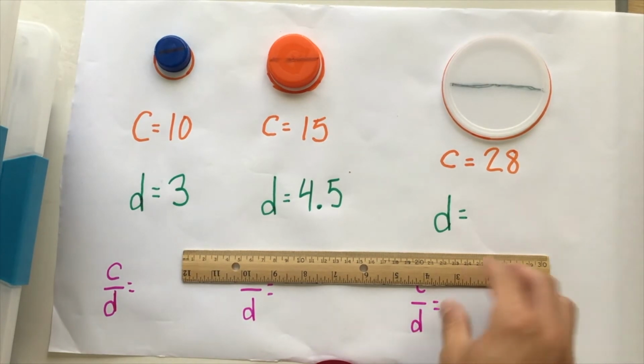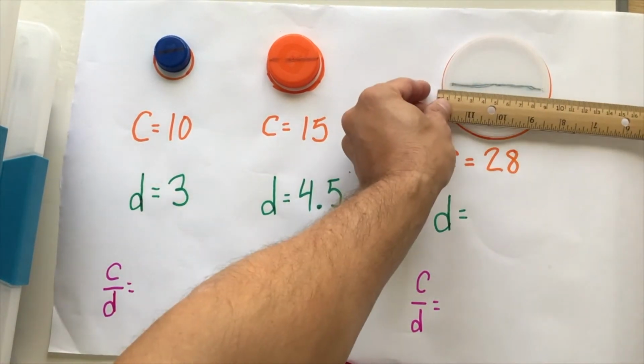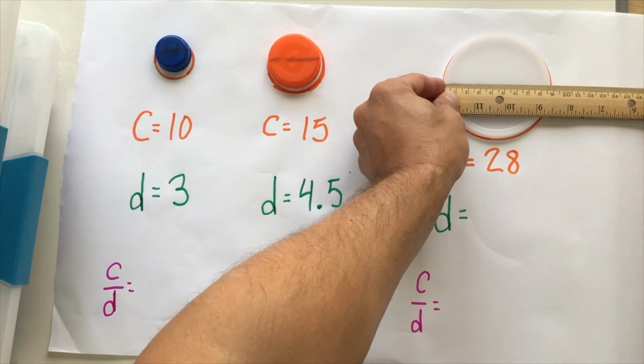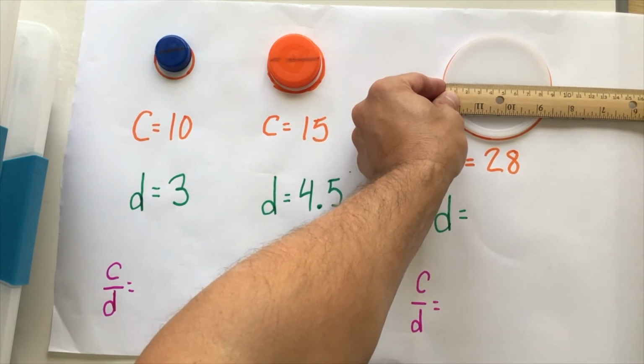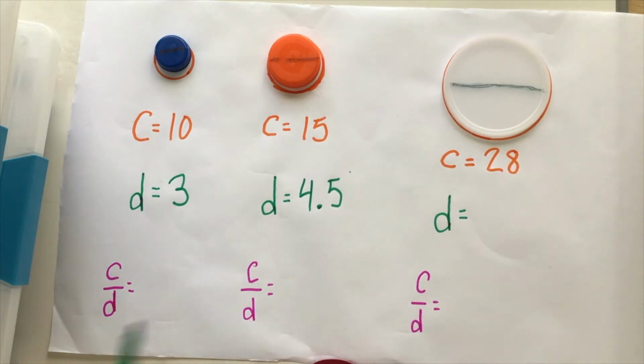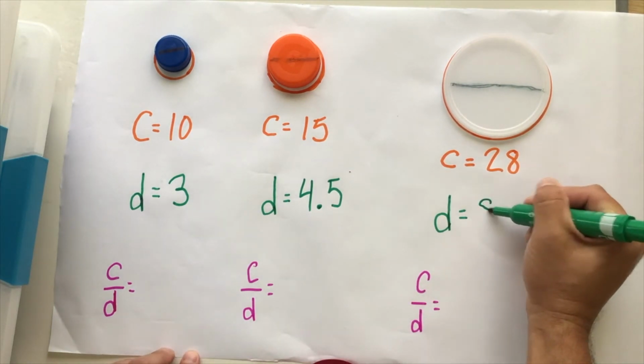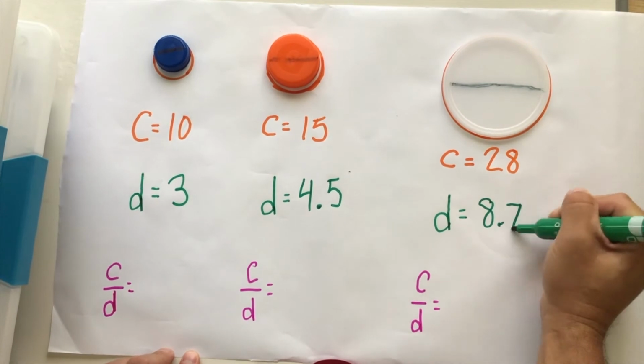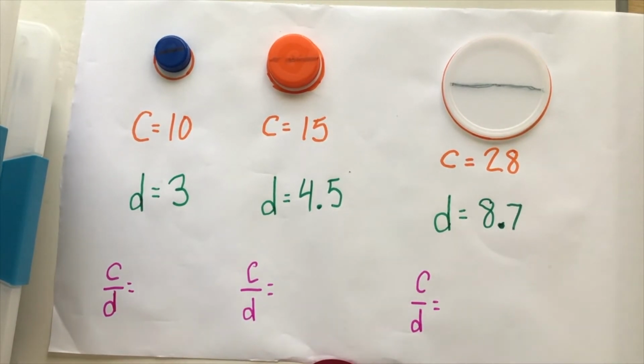And now I'm going to measure my diameter across the center of the circle. In this case, it looks like it's between 8.5 and 9 centimeters. So I'm going to call that 8.7. Again, I'm not exactly being precise here, but I'm trying my best.